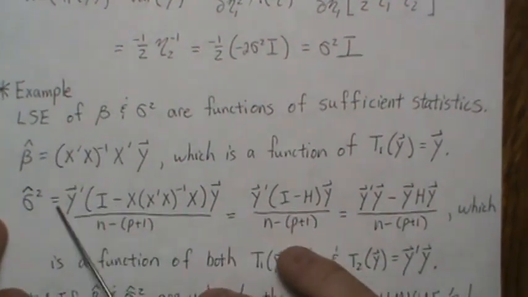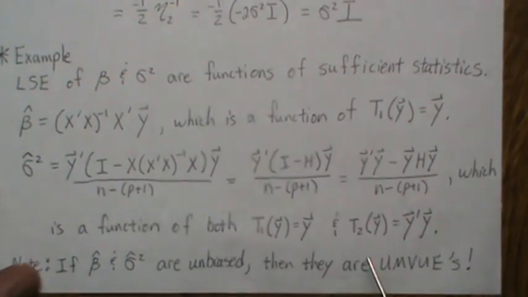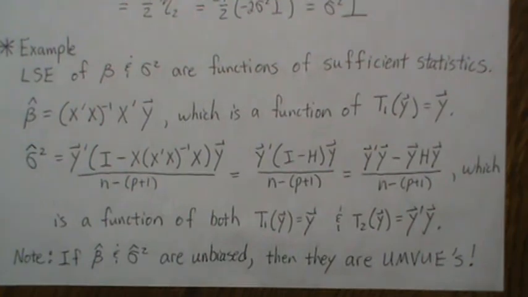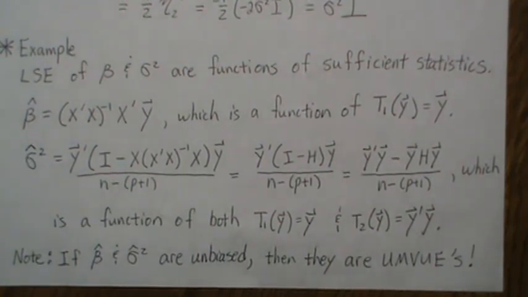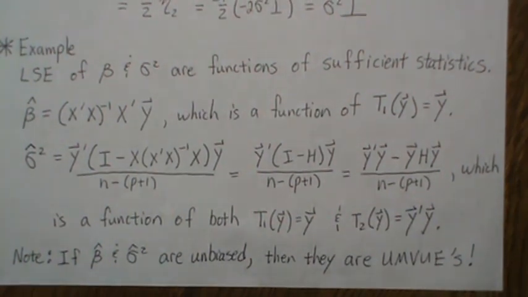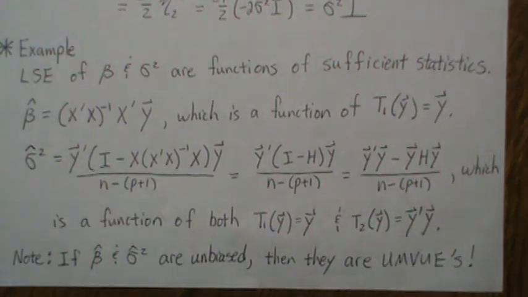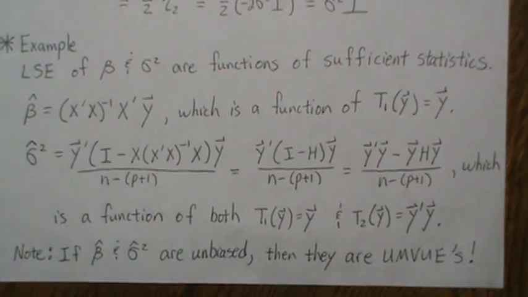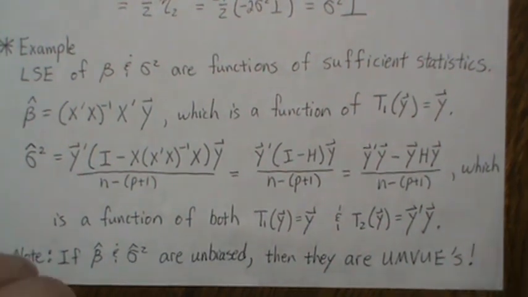So both of these are functions of the sufficient statistics, and therefore beta hat and sigma squared hat are unbiased, and so they're UMVUEs. Now technically we have to show that they're complete, which they are because they're a non-degenerate parameter space, so they are complete, and that shows that they are UMVUEs.